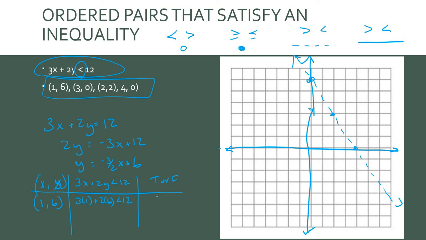We can see that that is false, because that would be greater than 12. Let's say I have 3, 0. That would be 3 times 3 plus 2 times 0, which is less than 12, so that's true. Let's plot those. 1, 6 would be up here, and we said that was false. 3, 0 would be here, and we said that was true.